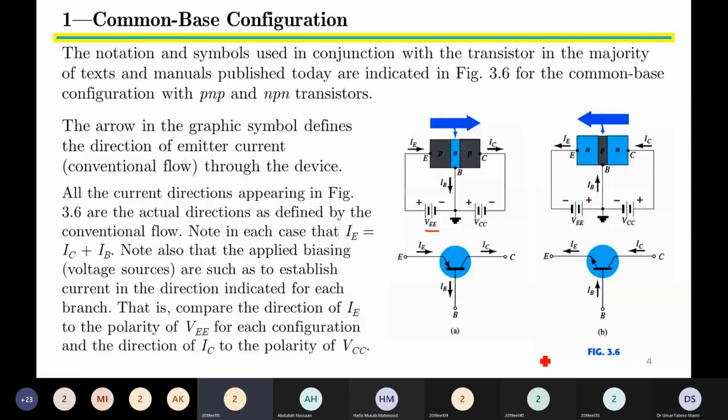Sir, what about electronic current? It will be just opposite to conventional current. Electronic current is always in the opposite direction to the conventional current. Since all of the theory has been established on conventional current, therefore we are discussing the transistor operation in terms of conventional current.